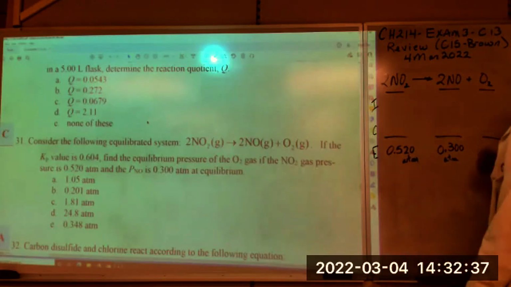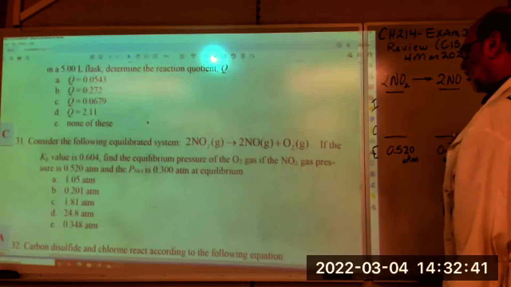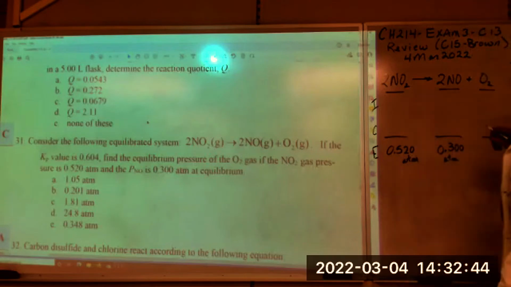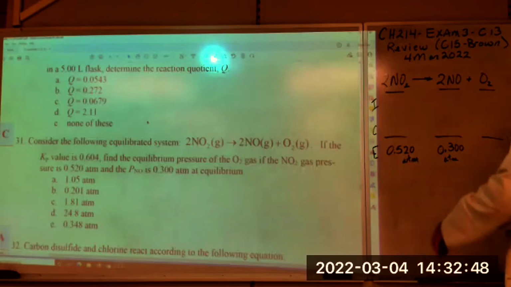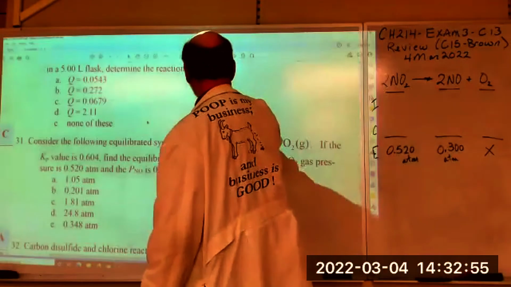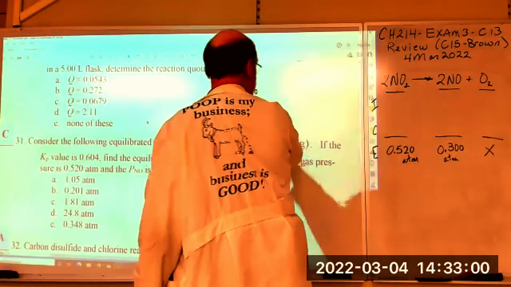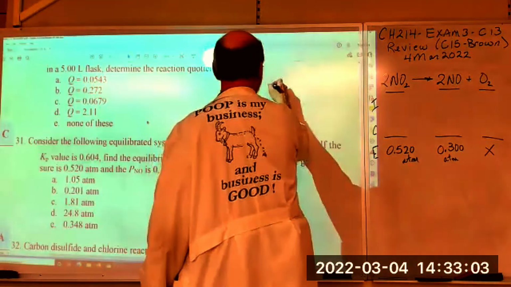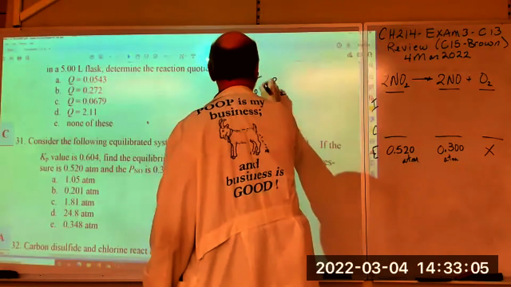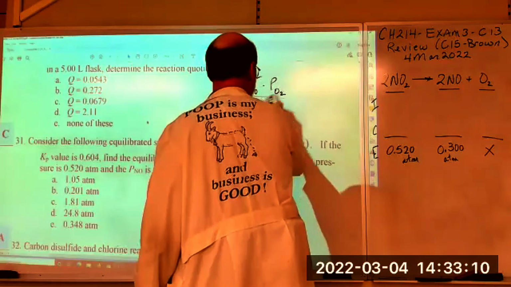Okay. So this is X. And the K is equal to pressure of NO squared times the pressure of O2 divided by pressure of NO2 squared.